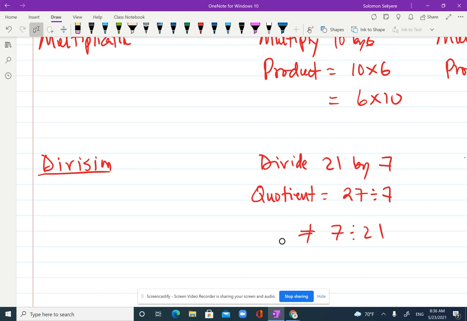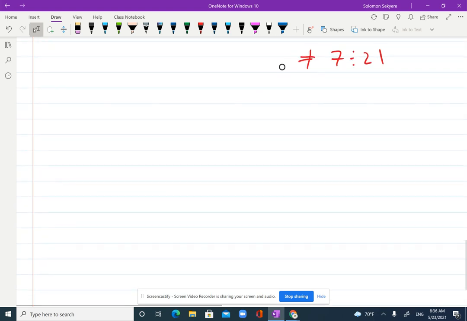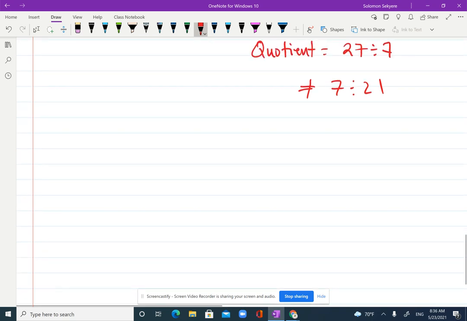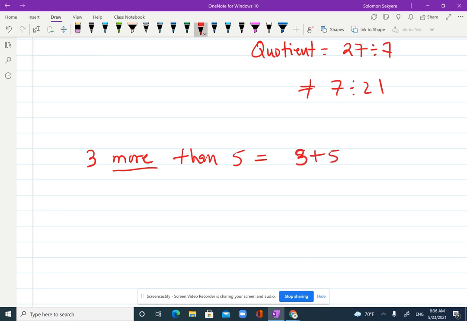Let's just do some more exercises over here. If I say write an expression, let's say 3 more than 5, how do you write that? 3 more than 5 is 3 plus 5.